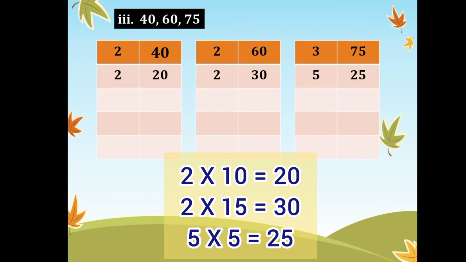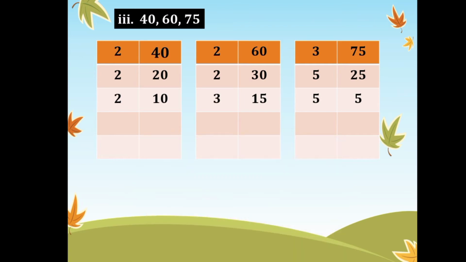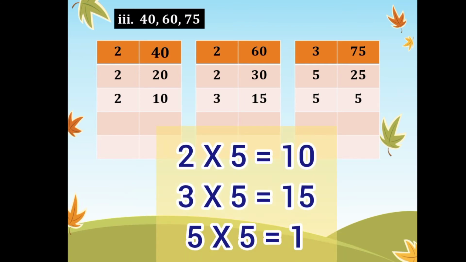Again this can be divided in a different way: 2 10s are 20, 2 15s are 30 and 5 5s are 25. So 10, 15 and 5. This we can also divide: 2 5s are 10, 3 5s are 15 and 5 1s are 5.